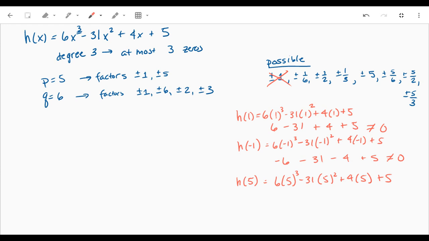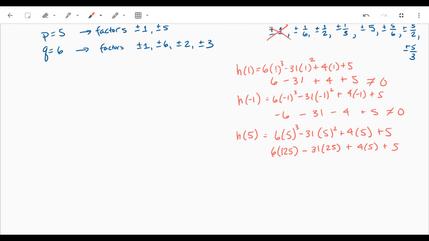You likely wouldn't be able to use a calculator for this, so you're going to have to be able to do some of these tougher calculations, but with 5 it's not so bad. 5 cubed is 125, so I'll have 6 times 125 minus 31 times 25 plus 4 times 5 plus 5. So 6 times 125, you can do 6 times 100, which would be 600, and then 6 times 25, which would be 150. So that's going to be 750.